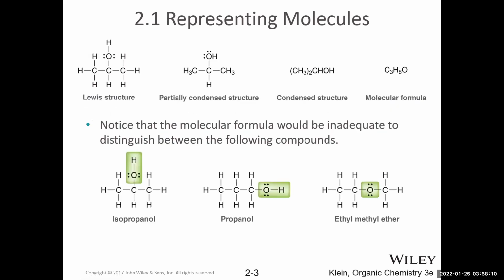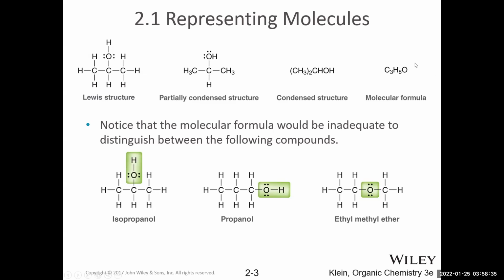So let's look at some different compounds that can be made using this molecular formula. So you can see there's 3 compounds here: isopropanol, propanol, and ethyl methyl ether. If you were to carefully look at the molecular formula for all 3 compounds, you'll notice that they're all C3H8O.